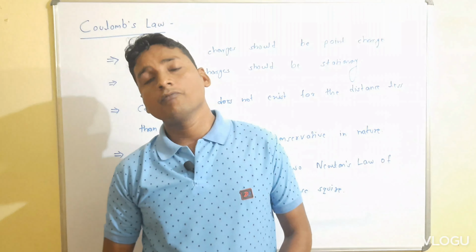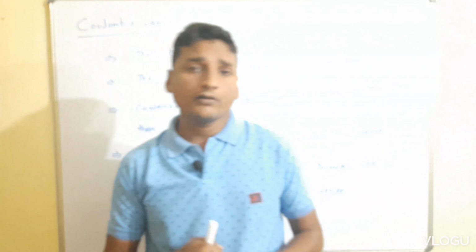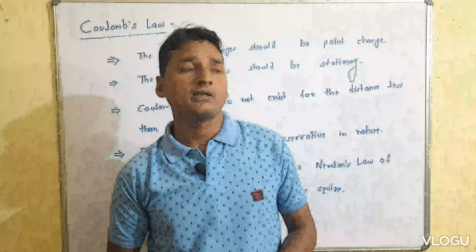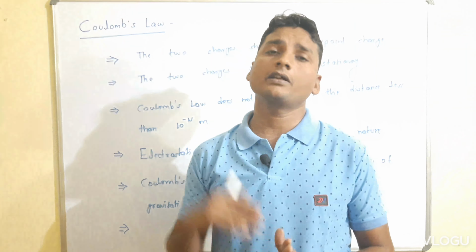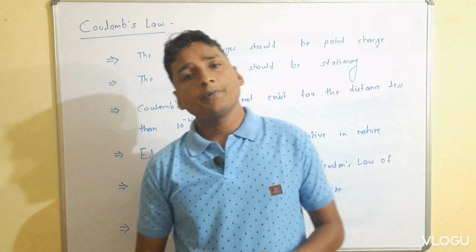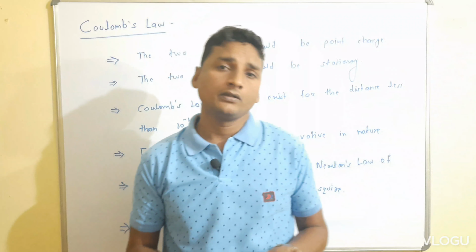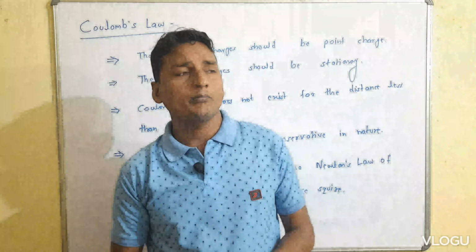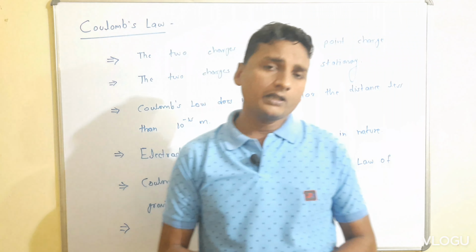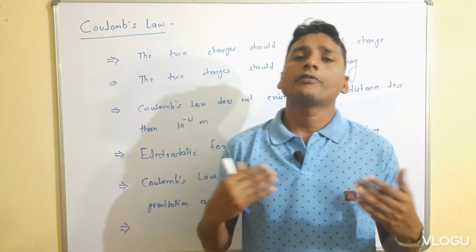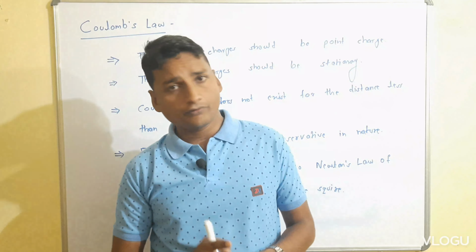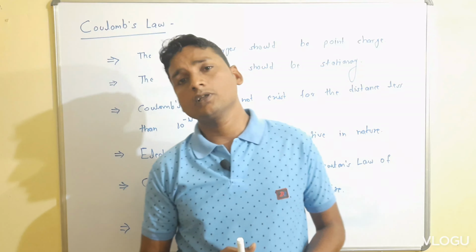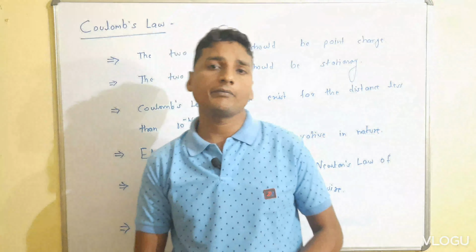Now the last one we can consider: when we compare Newton's law of gravitation and Coulomb's law of electrostatics, we find that the electrostatic force of attraction or repulsion acting between two charges is far greater in comparison to the gravitational force, which is always attractive in nature, acting between two bodies. The electrostatic force between two electrons is about 10 to the power 43 times the gravitational force working between them.